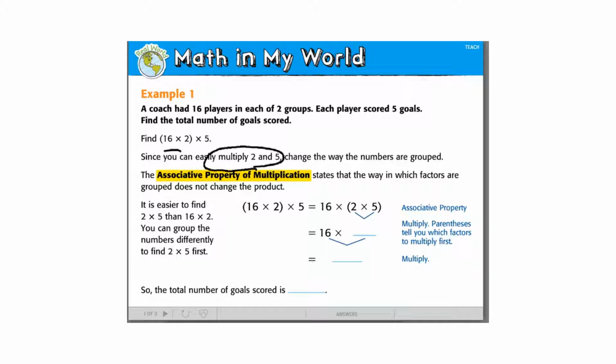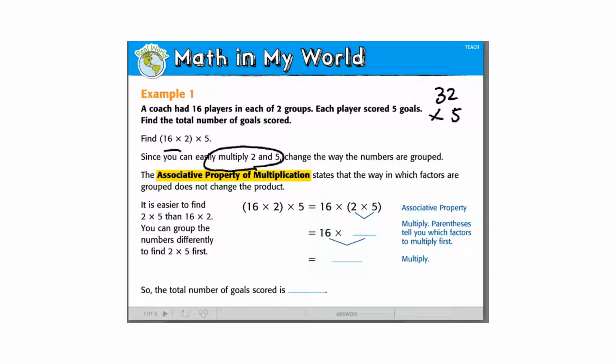I think most of us can probably multiply 16 times 2 also, and it would be okay. But if you did that, you're going to get a number like 32, and then you're going to have to multiply that by 5. Do you see the difference? Even if I know in my head that 16 times 2 is 32, I'm still going to have to figure out what is 32 times 5.